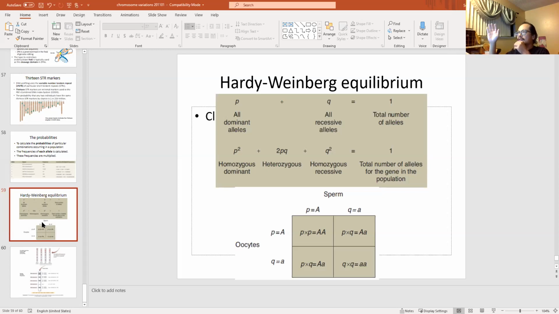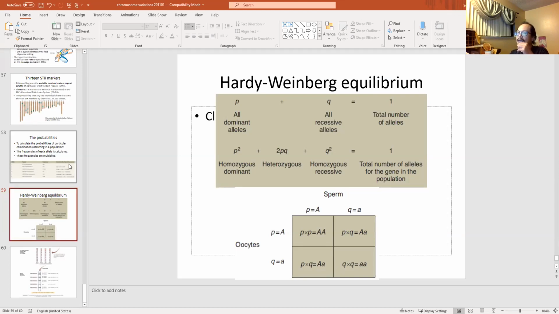This is something like a mathematics profession. They try to explain a condition in genetics, and so they come up with this equation, very simple to understand.